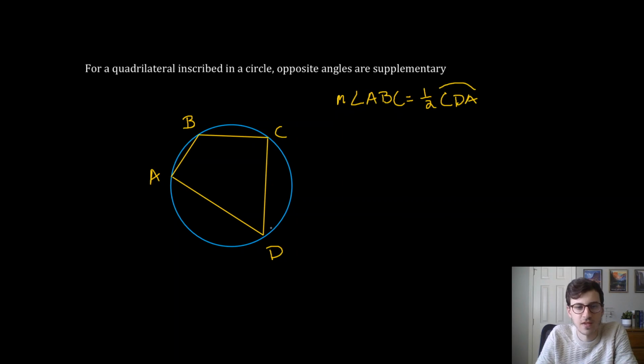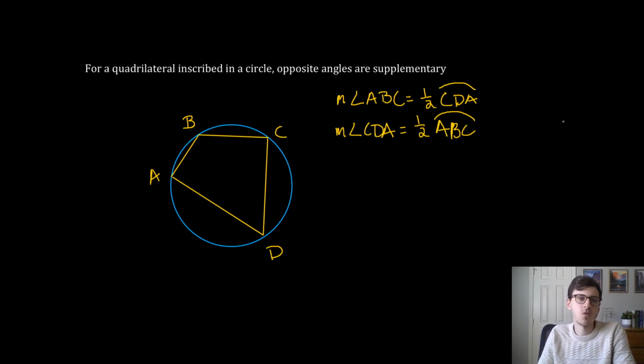This angle, that's half this arc because it's an inscribed angle. I know the same for the opposite, right? I know that the measure of angle CDA is equal to half the measure of arc ABC. Right, and we're just looking at opposite angles, so let's focus on this.